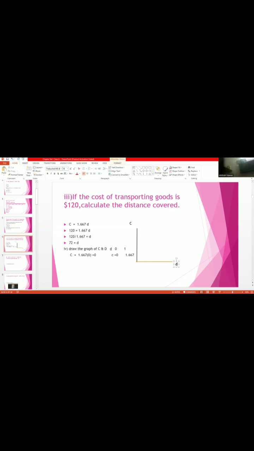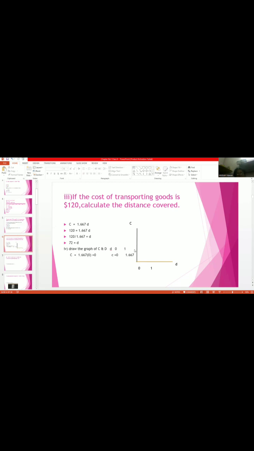So here on the origin, where both the axes meet, we have the value of D, that is 0, and here I take 1. I take the textbox so it becomes easier for you to understand what I'm saying. That is 0, and here I take the value of 1. These are the two values. On the origin we have value 0, and here value 1. And on C, at the origin it is 0, and the next value is 1.667.